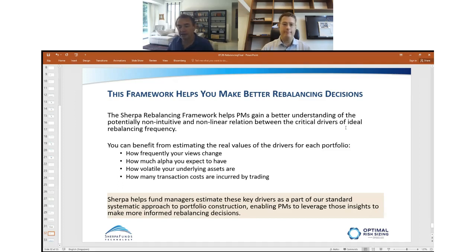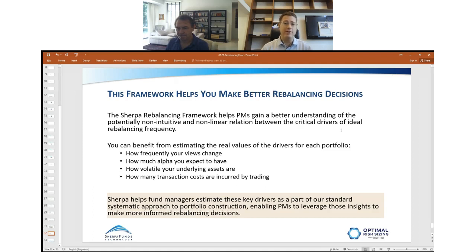And the whole thing is a holistic view of converting the skills you have as asset selectors into the portfolio which best represents those skills, best delivers the outcomes that those skills generate to your investors.